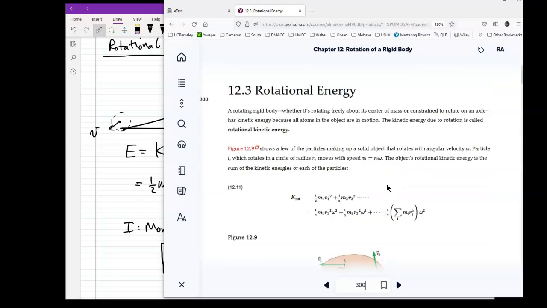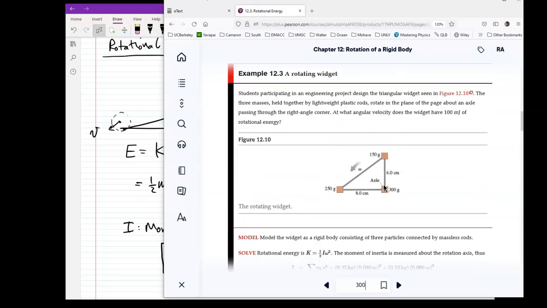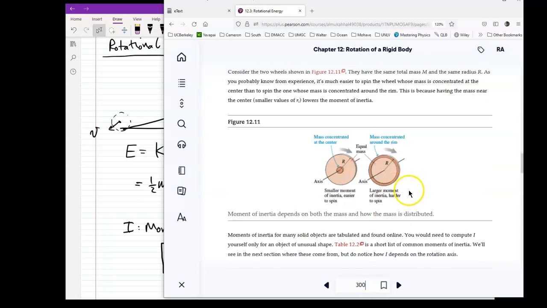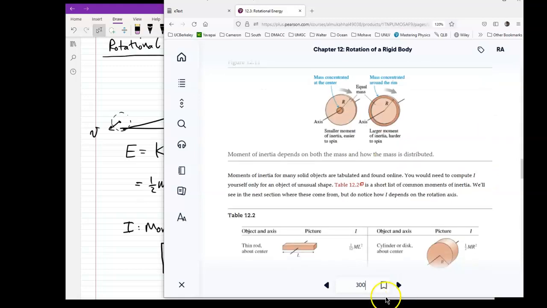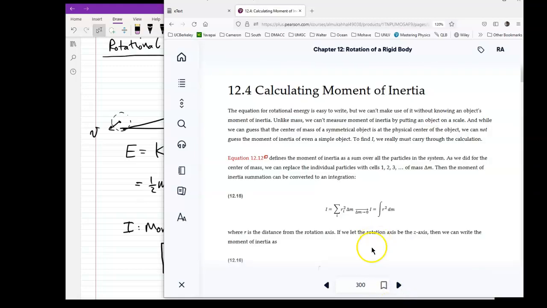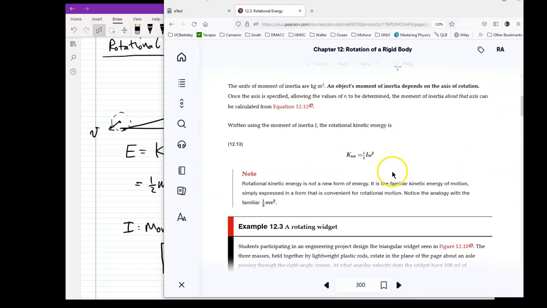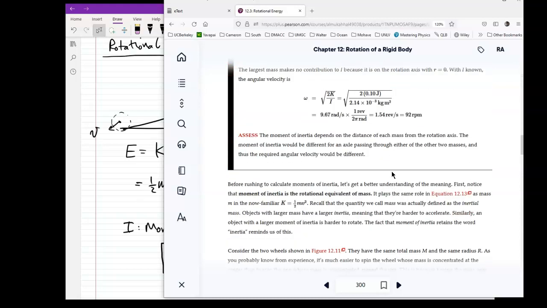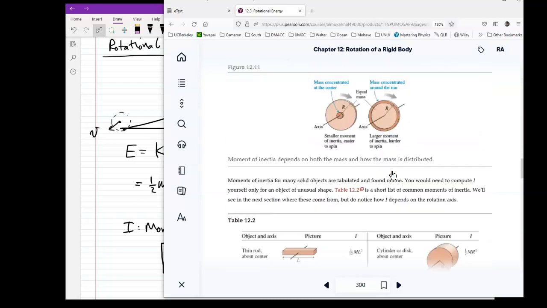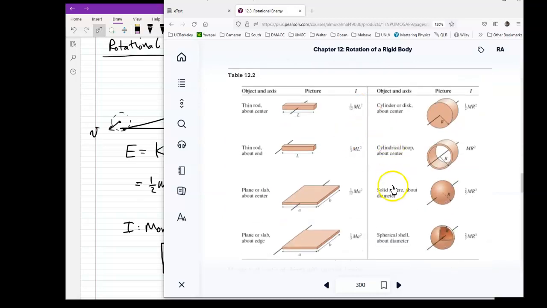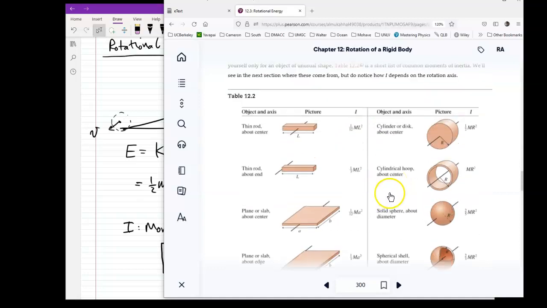Rotational energy. Maybe next page. Sorry about that. Oh, there it is, right here, right there. It is 300. There it is, right here. These are the ones. I didn't go further down, but there they are.